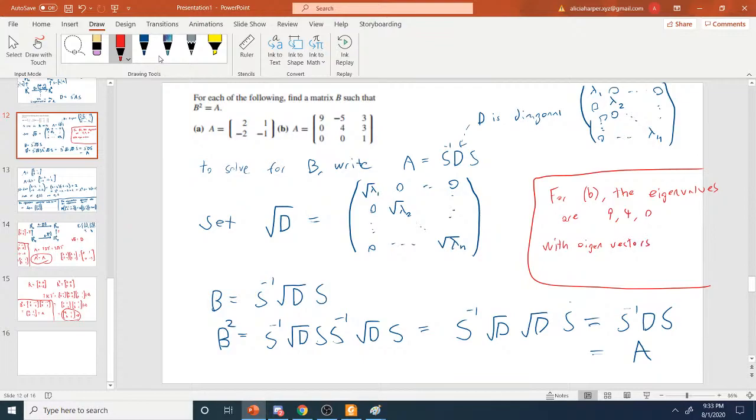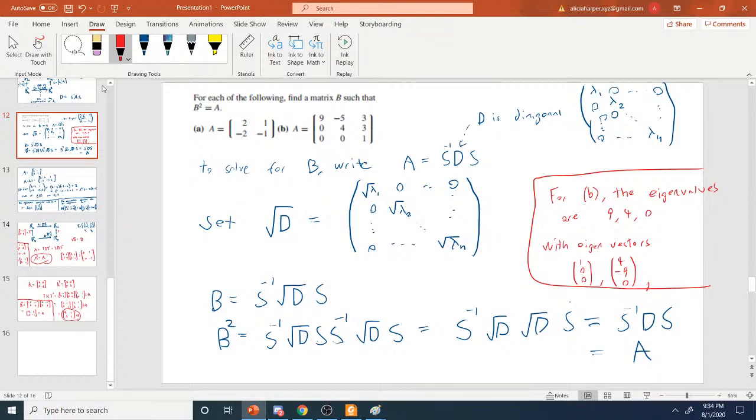So the eigenvector for the eigenvalue of 9 is really easy to see. It's 1, 0, 0 for 9, and then for 4, it's going to be 4 minus 9, 0.